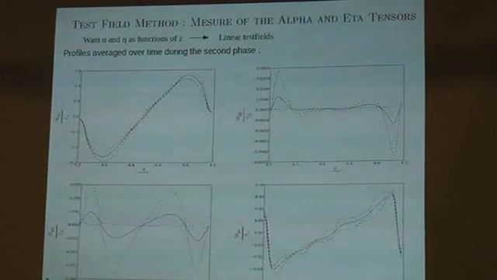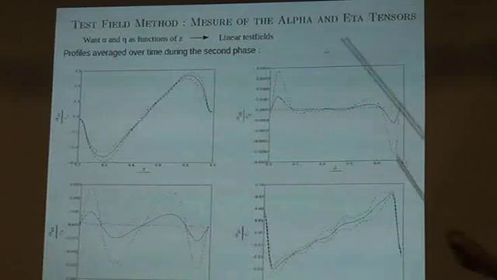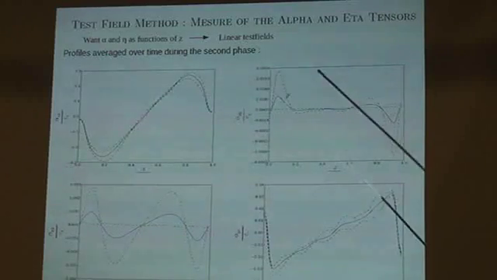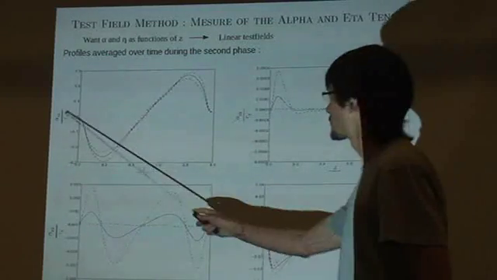And then I did a measurement of the alpha and eta tensor. As a first approximation, I neglect non-local effects, so I use only linear test fields to measure alpha and eta as functions of the height. Here are the different components, it's not really visible.